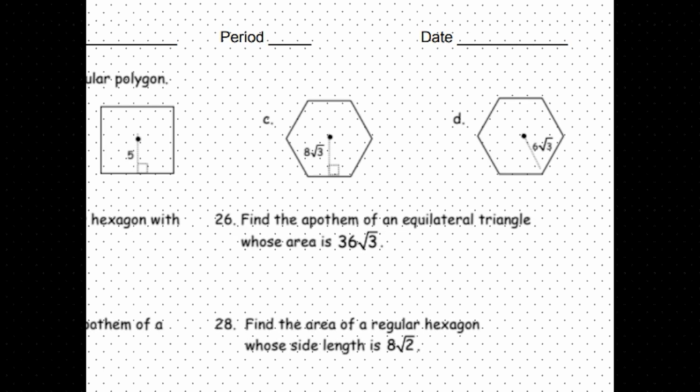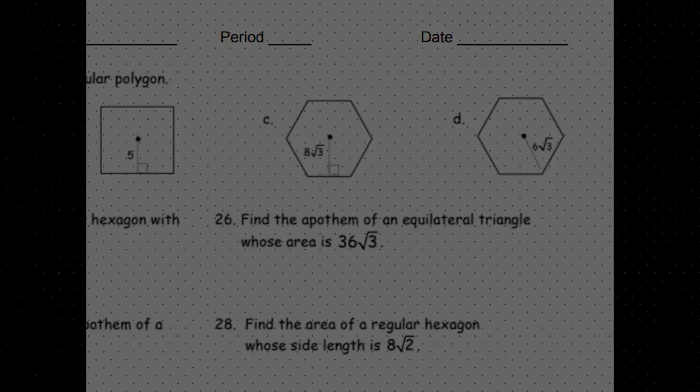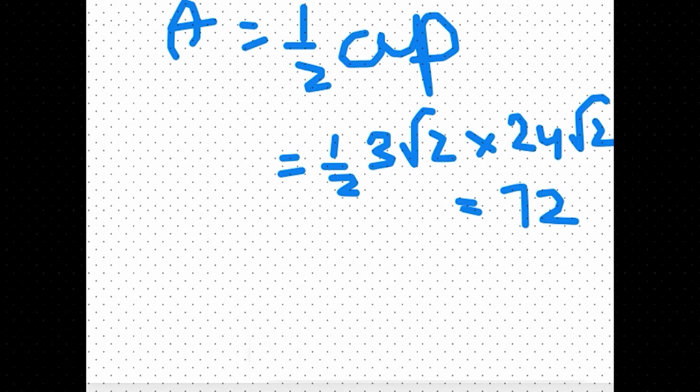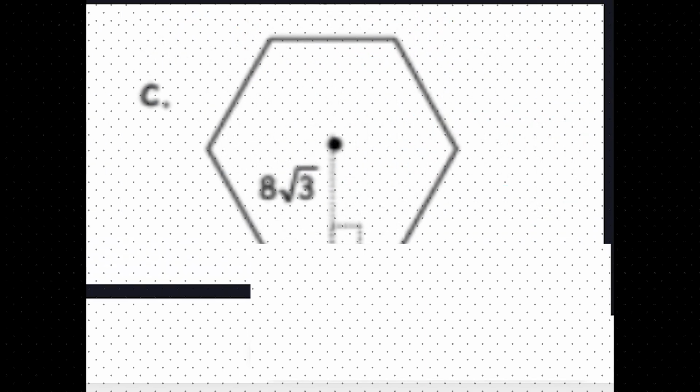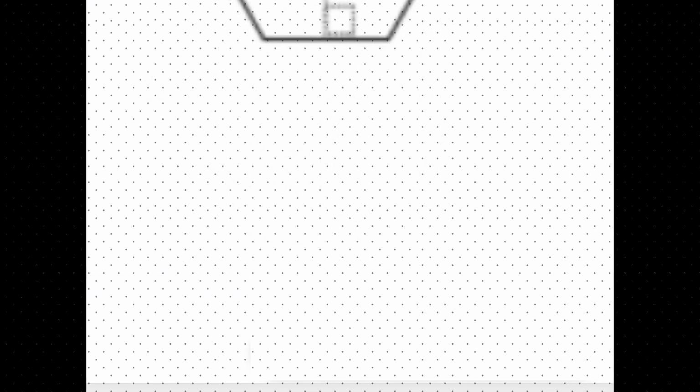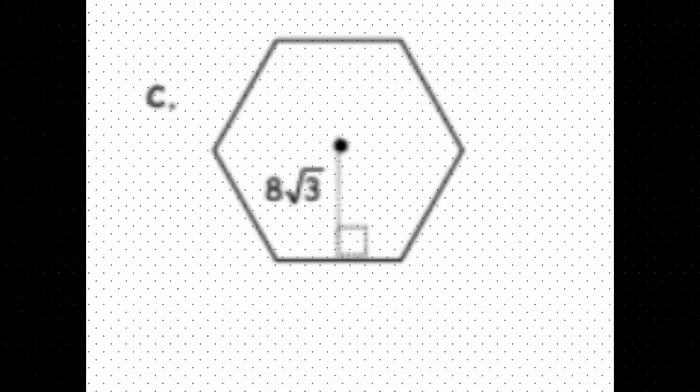So this one is a 30, 60, 90. Part C. So the short side is 8 root 3 over 3. And then the hypotenuse is 16 root 3 over 3. Okay, how do you know this was 30, 60, 90?